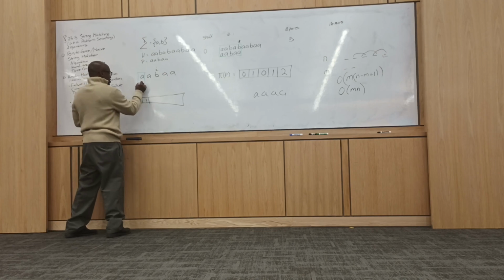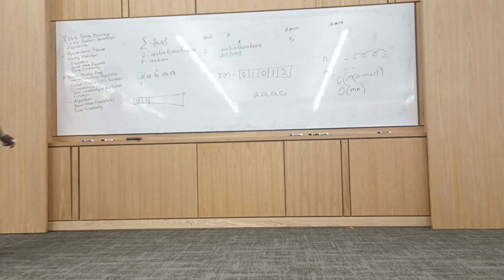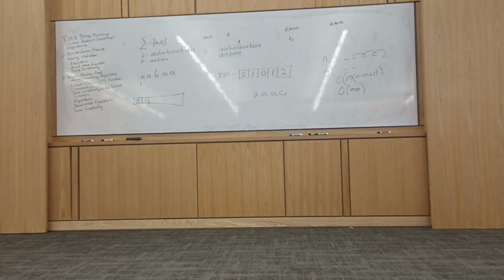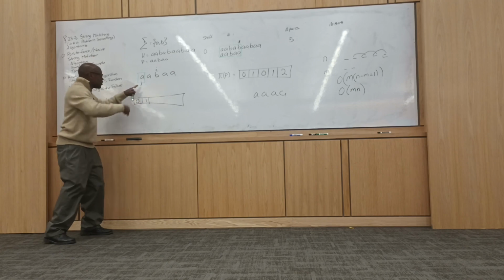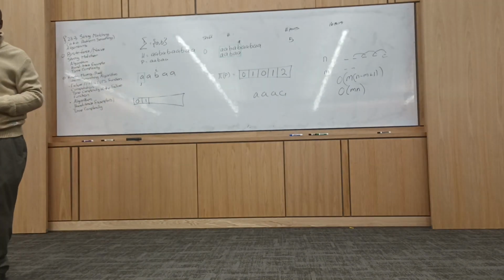So I know I can extend 1, but the previous longest I had was 0. So I'm going to go back in time. Now, I went back in time. Do the ith and jth characters match? No. So that means I cannot extend this 0 and increase it by 1 because I had a mismatch on the first position. Everyone gets that?